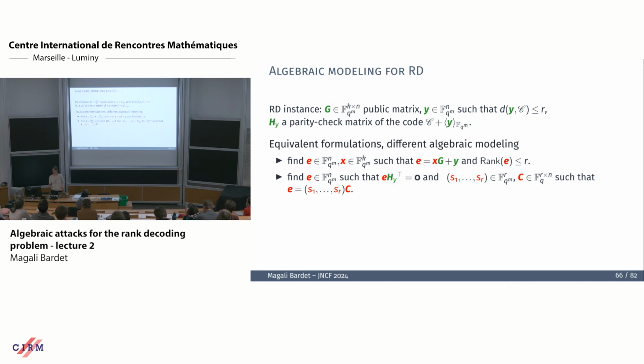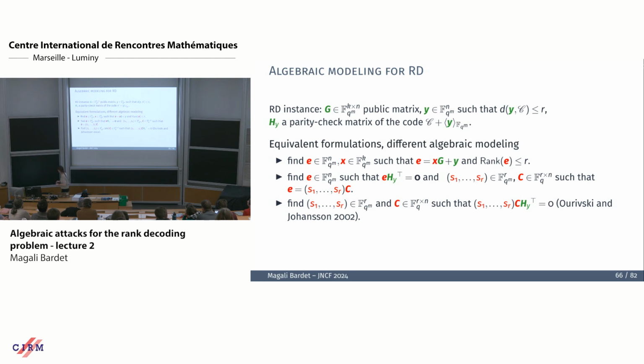And then I have an algebraic equation describing my problem that I just want to solve. So E is linear here, and I can just replace this value here. And I get a first modeling, which is I have two sets of variables.